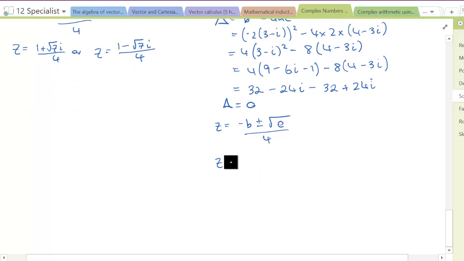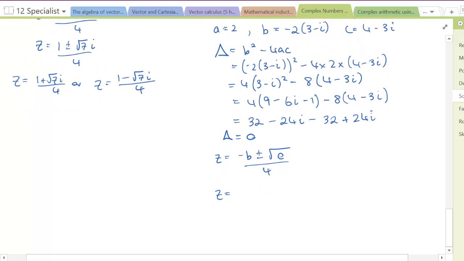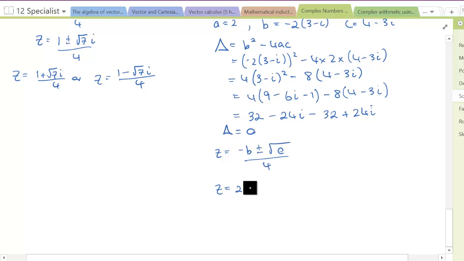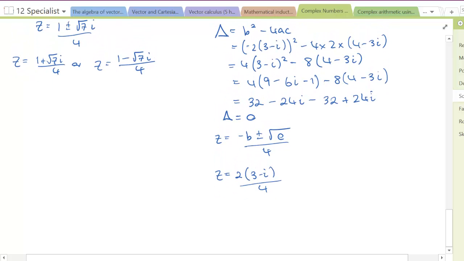So we get z is equal to negative b, which is 2, 3 take i, all on 4. And there it is. There's our final simple answer, because that comes down to a factor of 2 on top and bottom, 3 take i on 2.